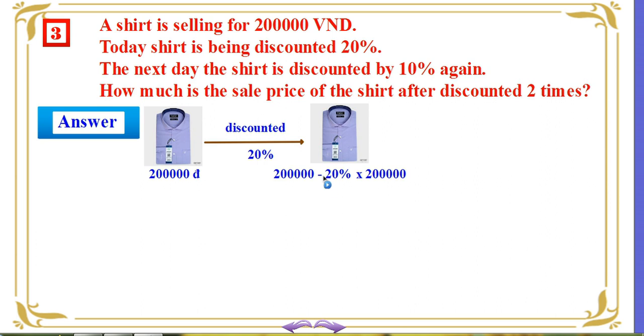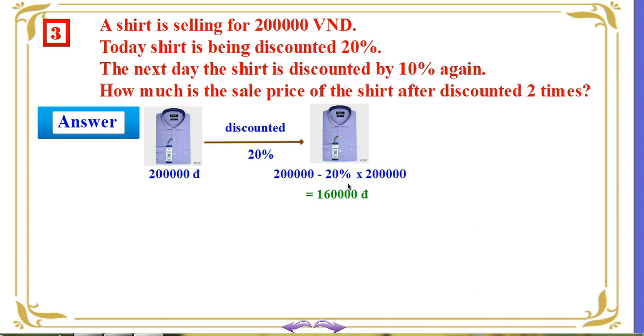So 20% of 200,000 equals 20% times 200,000, we get 40,000. So the price of the shirt after the first discount will be 160,000 dong.